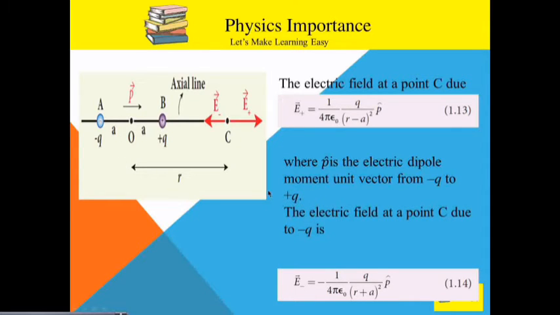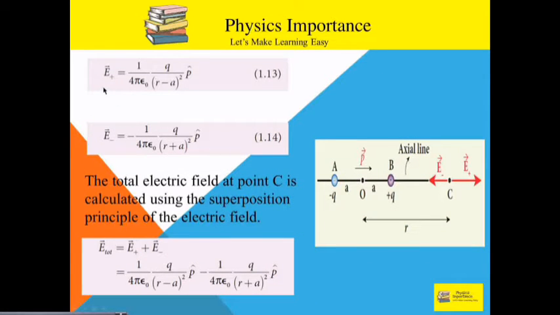So the total distance is r plus a. We understood. So now in the place of q we have to substitute minus q, because here we are calculating for minus q. So the formula now becomes minus q by 4 pi epsilon naught r plus a the whole square, because this minus q is at a distance r plus a.